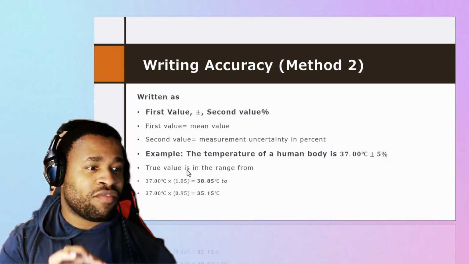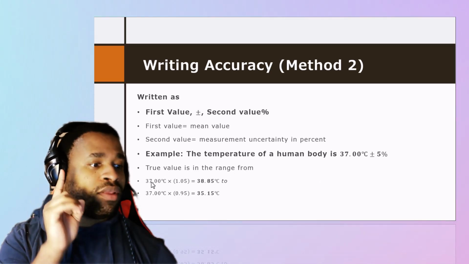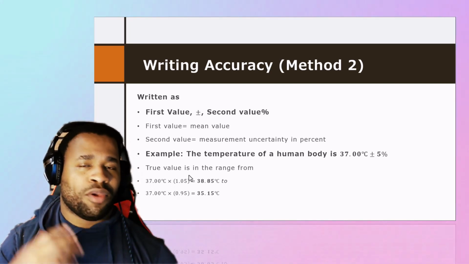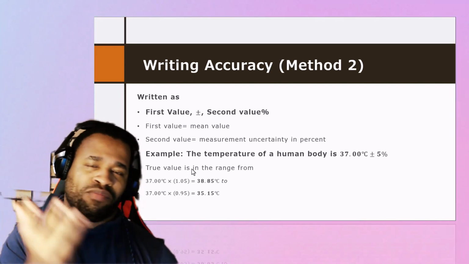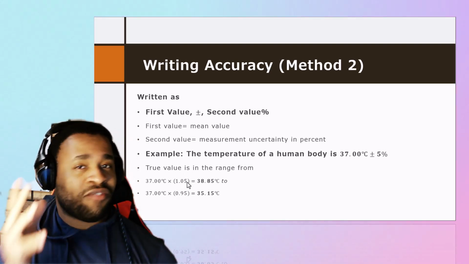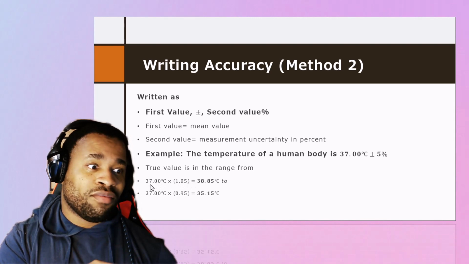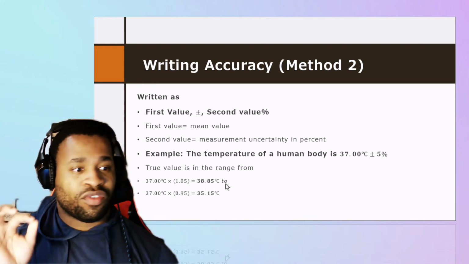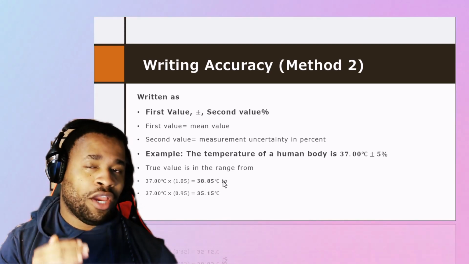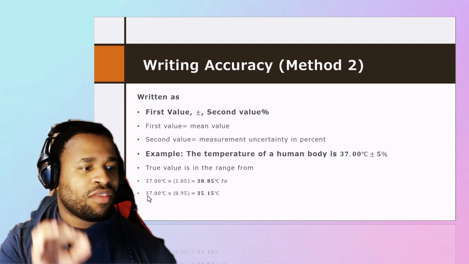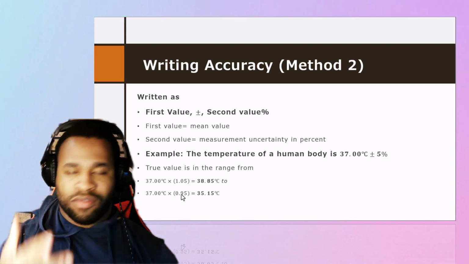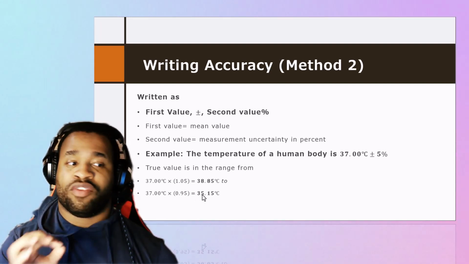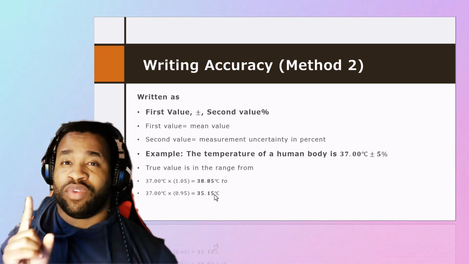This means that the true value is in the range from 37 degrees Celsius times 1.05, because you're adding 100% of that value to the 5% of the 37 degrees Celsius, and this gives us 38.85 degrees Celsius, to the lower end of the temperature, which is 37 degrees Celsius times 0.95, which is taking away 5% from 100%, and this is going to give us 35.15 degrees Celsius.